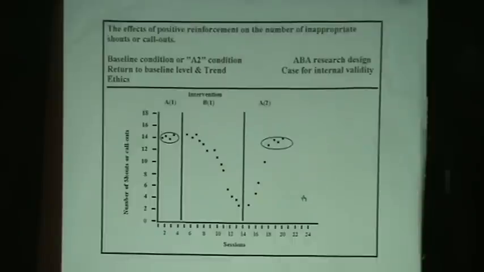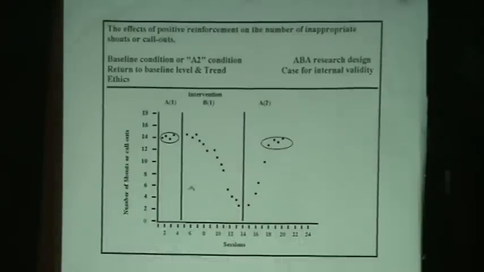So that makes a fairly strong case for experimental control. We can say with a pretty good degree of probability that it is the intervention, the independent variable, the positive reinforcement, that has caused the change in the dependent variable, the inappropriate call-outs and shouts.